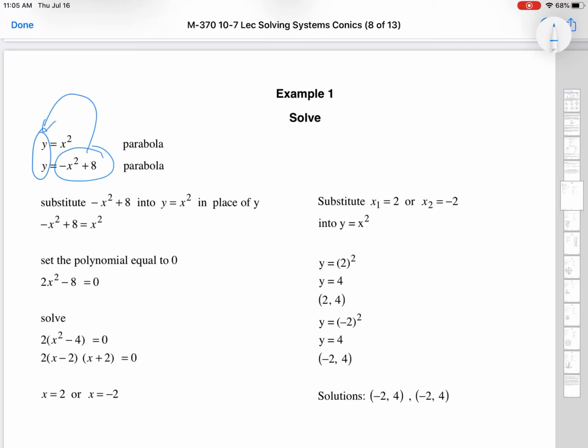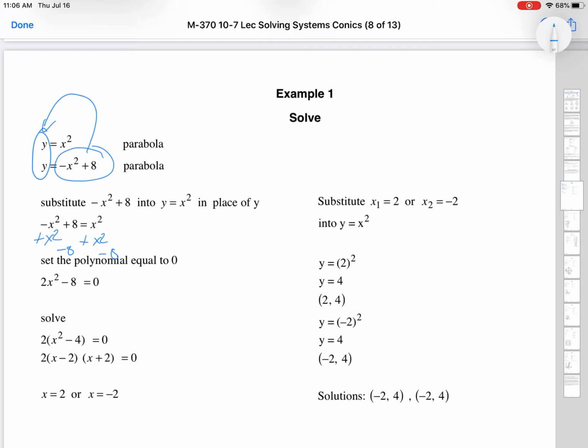And so if we set those two equal to each other, then we get 2x squared minus 8, right? Adding the x squared over, subtracting the 8 over, we get 2x squared minus 8 equals 0. We can pull out the 2 and it factors, and so our two solutions for x are 2 and negative 2. We're going to substitute the 2 or negative 2 into the y equals x squared equation because that's the easiest one there is.